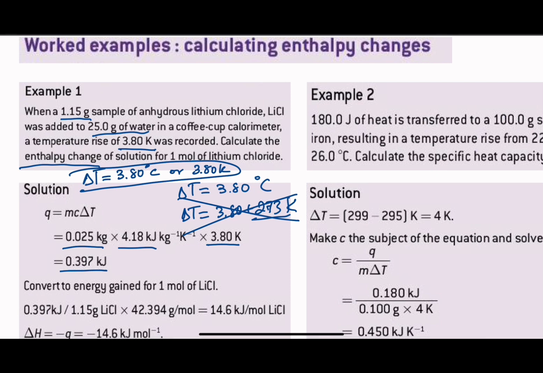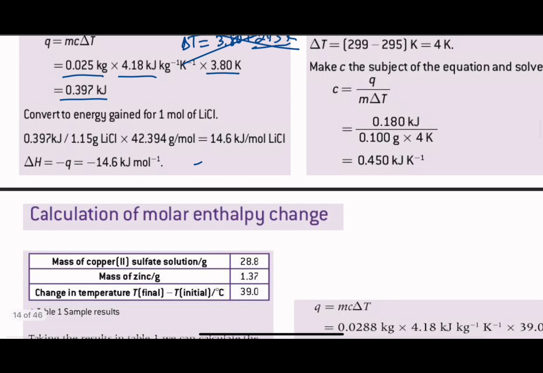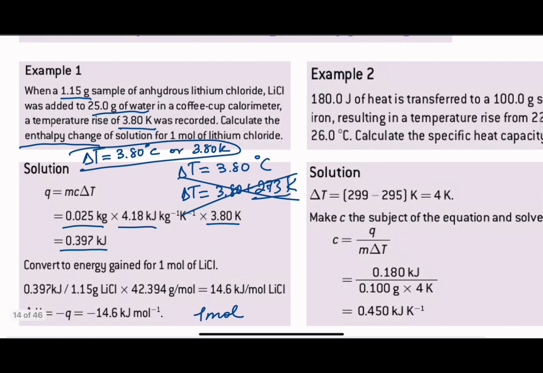Whenever we ask you for enthalpy change, most of the time we're going to ask you for 1 mole, okay? If we told you that we used 1.15 gram, then you need to find this delta H for 1 mole. Always find it for 1 mole. What is the molar mass of lithium chloride?